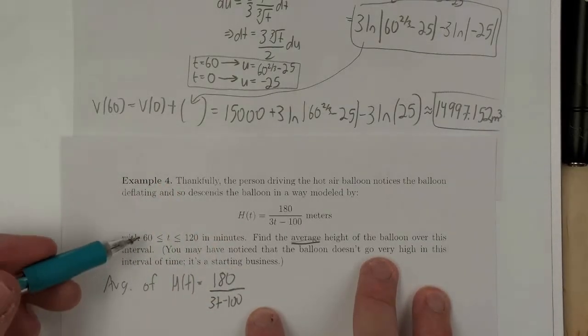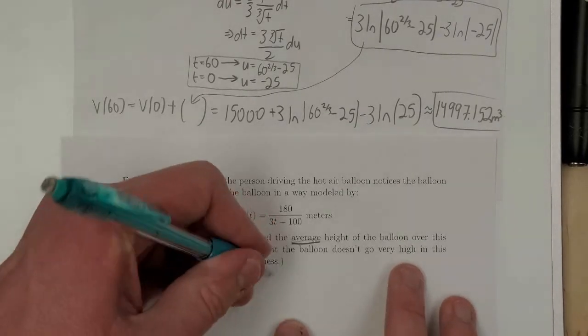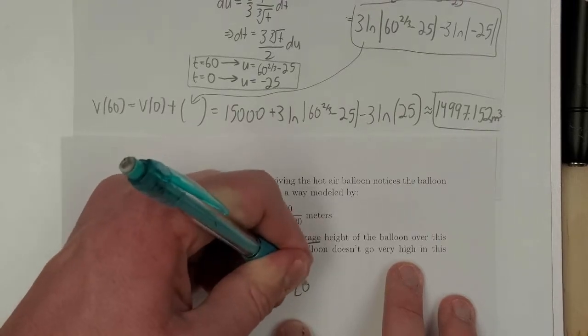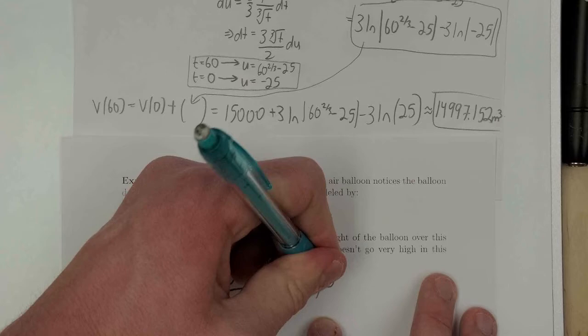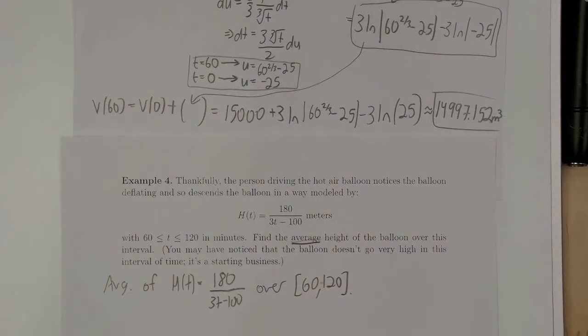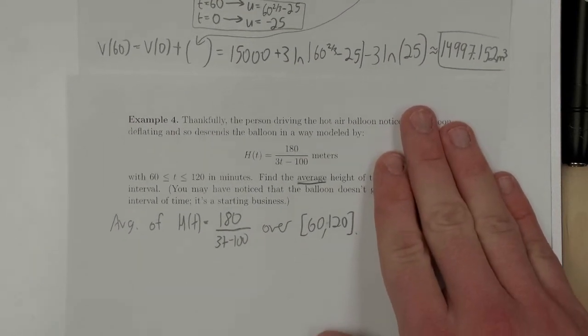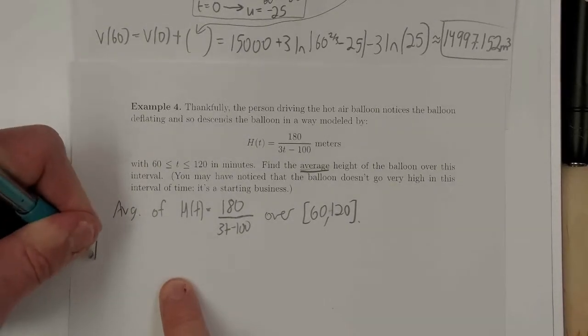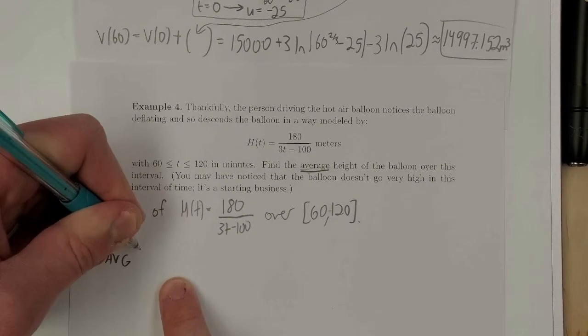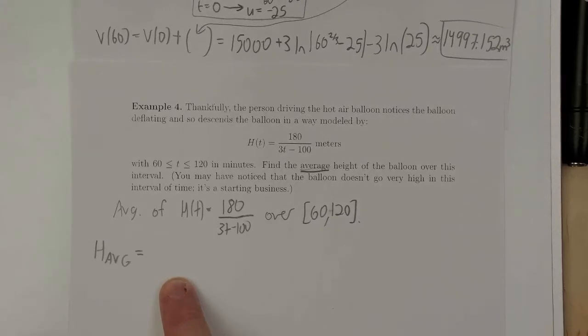And thankfully, they also give us the interval explicitly, 60 comma 120. Okay? So, taking that into account, that means if we harken back to our average value formula that we talked about last time, do you guys remember what that states? So what would that give us here?